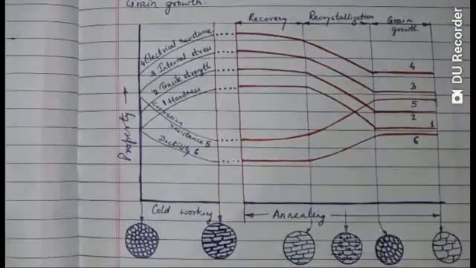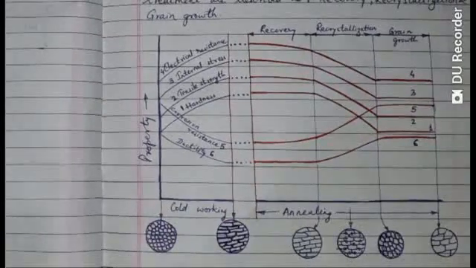Here both cold working and annealing are plotted. When we talk about properties during cold working, as you can see, hardness, tensile strength, internal stress, and electrical resistance increase, whereas the corrosion resistance and ductility decrease. And you can see the grain structure, how it looks. Now let us see what happens during the recovery phase, recrystallization and grain growth.